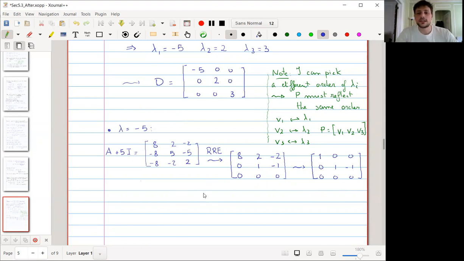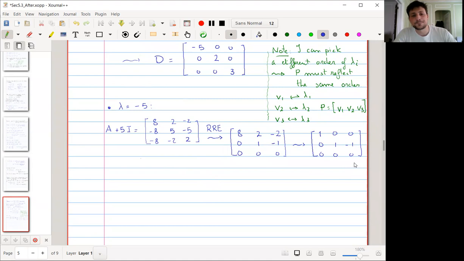So when I look at the solution set to the homogeneous linear system, this will be my free variable times, well, let's see, 0: x1 has to be 0, x2 is equal to x3, and x3 is free.